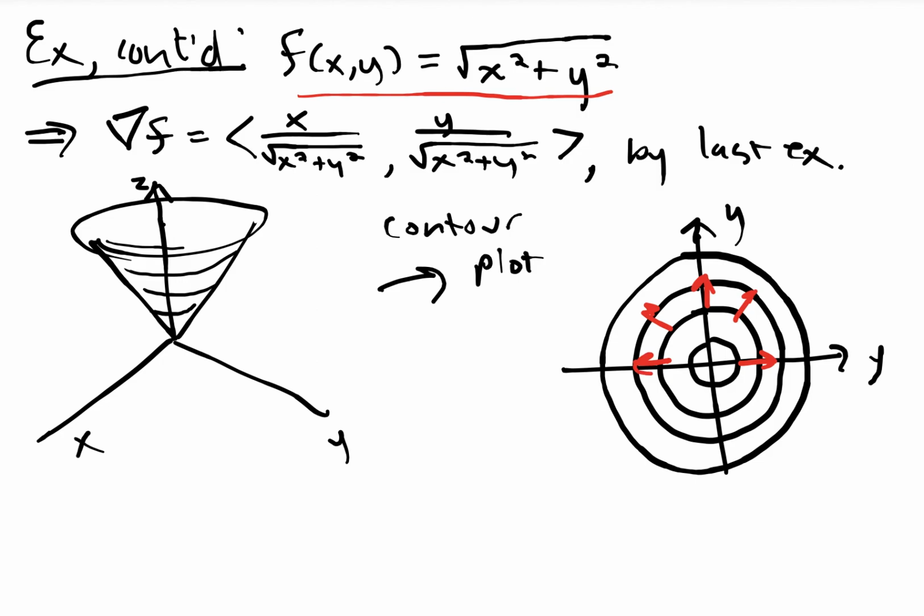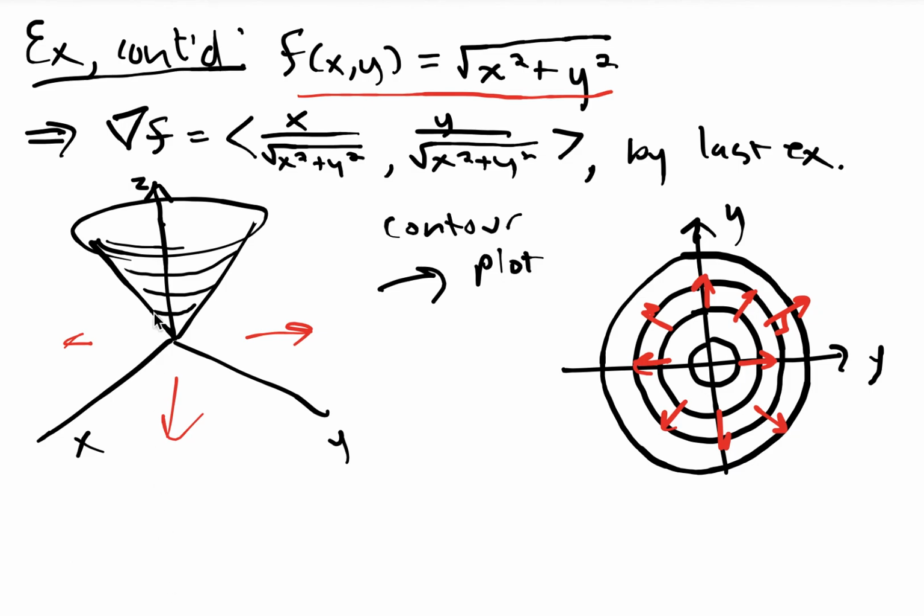So all of these were heading away. And notice that when these vectors head away, they end up being at right angles to my contours. And further, if all of our vectors are heading outward from the origin, of course that's the direction of steepest increase for my surface, right?